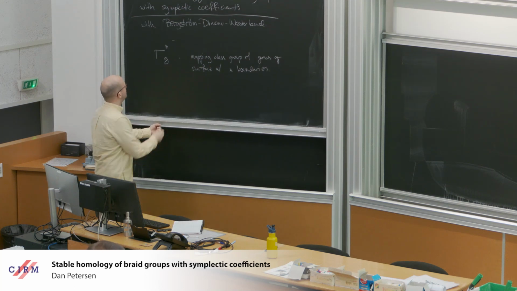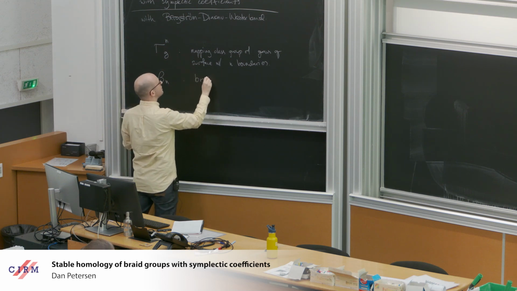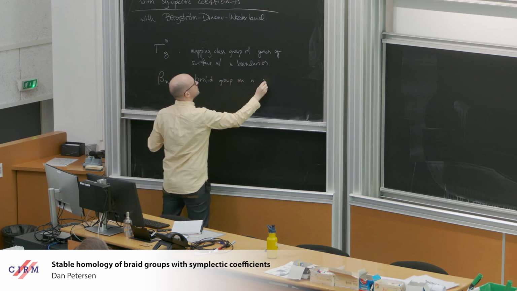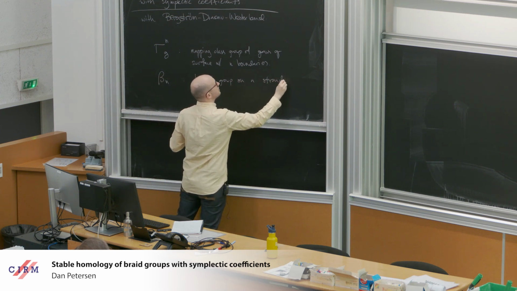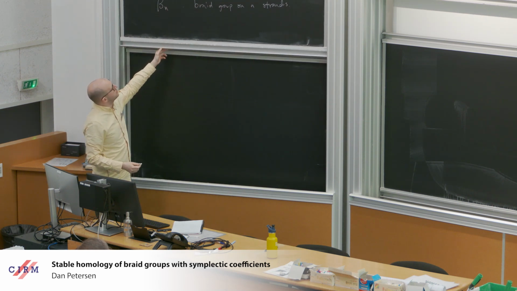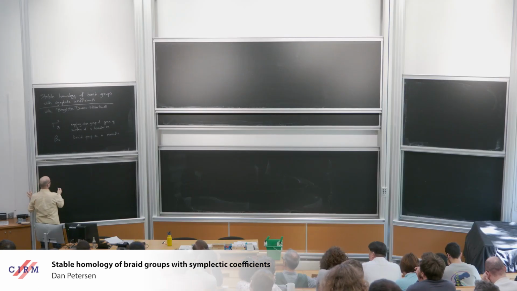And I will denote by β_n the braid group of n strands. And there are interesting homomorphisms from the braid groups to the mapping class groups. And they go like this.